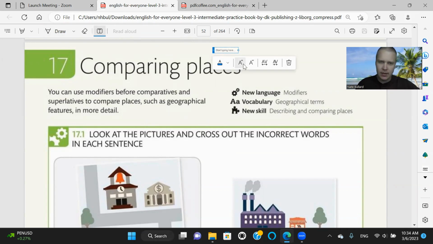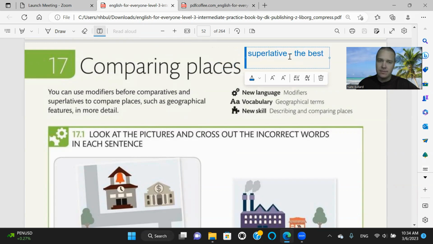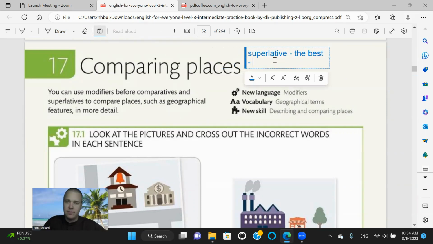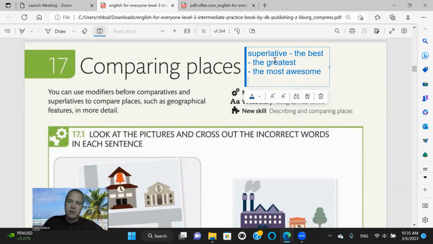Okay, what is a superlative? All right, a superlative is like when we say the best or the greatest, the most awesome, the most delicious.